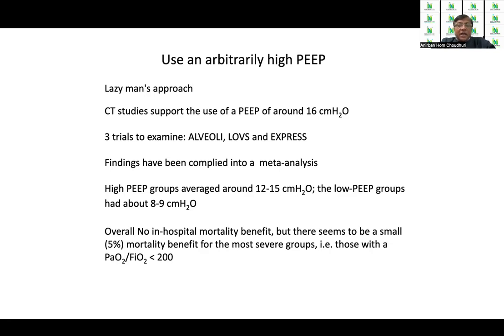Three trials have actually examined this: ALVEOLI, LOVS, and EXPRESS. The findings have been compiled into a meta-analysis. The high PEEP groups averaged around 12 to 15 centimeters, the low PEEP groups usually 8 to 9 centimeters. Overall, there was no in-hospital mortality benefit, but there seems to be a small mortality benefit for the most severe groups, that is, those with a PF ratio of less than 200.